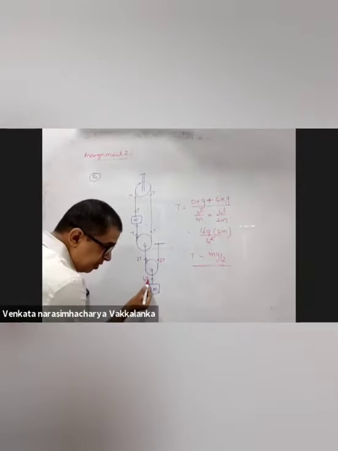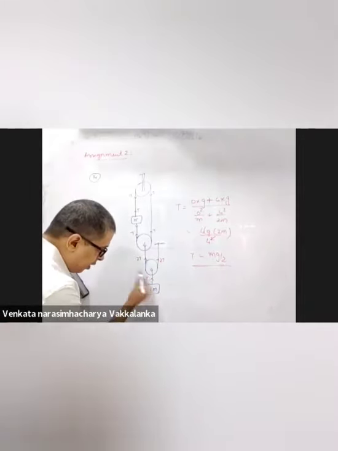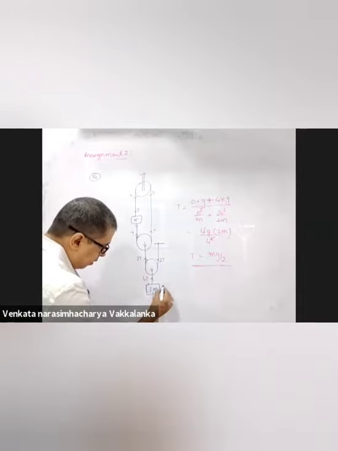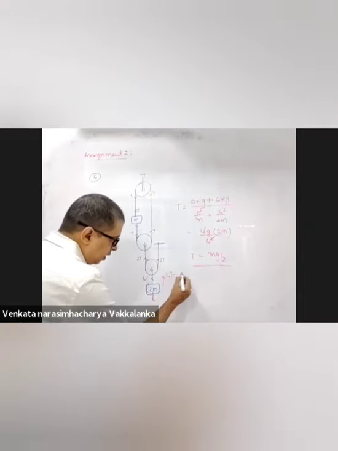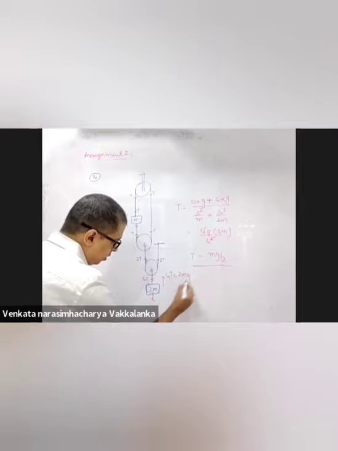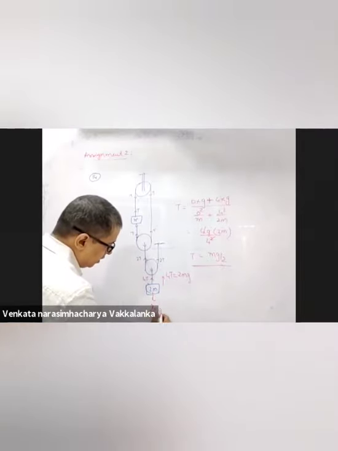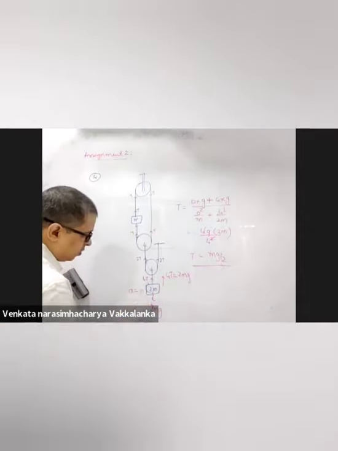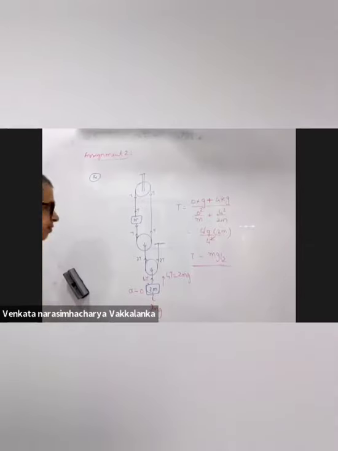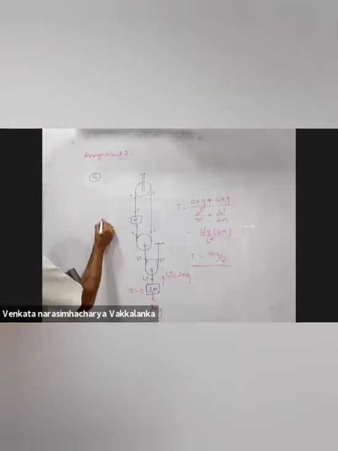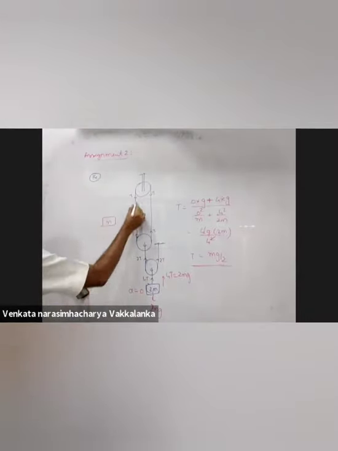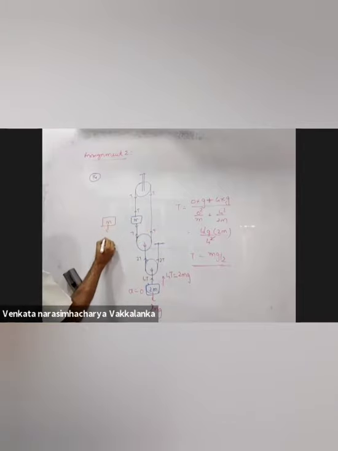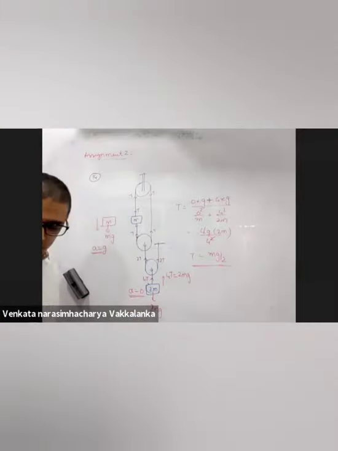If tension is mg by 2, how much is 4T? 2mg. What is the weight? 2mg. Don't you think acceleration of this is 0? Yes, sir. And as for this block, upward tension and downward tension cancel, there is only mg acting on it, so acceleration will be g in the downward direction, and the acceleration of this will be 0.